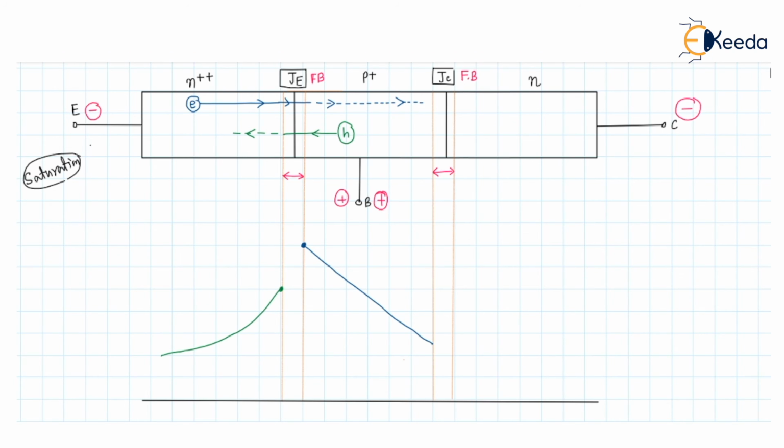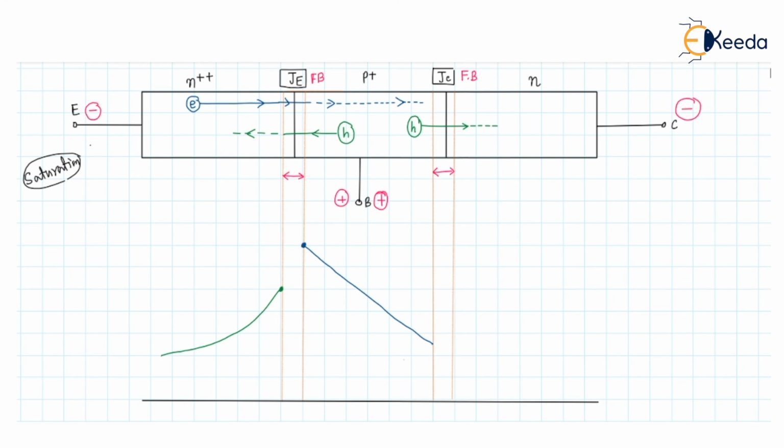Similarly, in the collector region, since the JC junction is forward biased, the holes of the base region can cross this junction and become the minority carriers inside the collector.